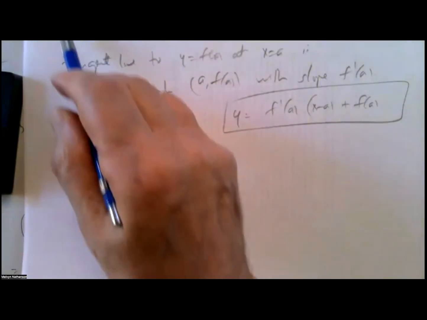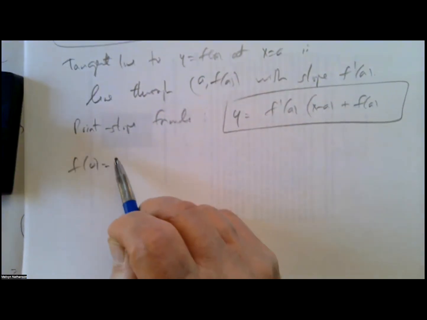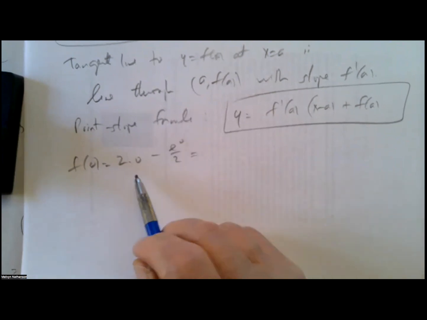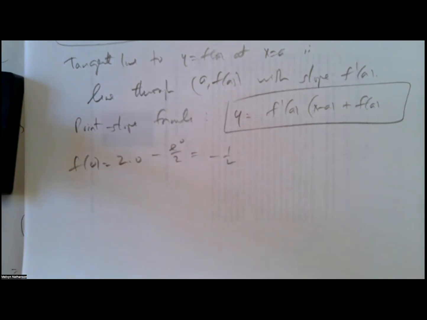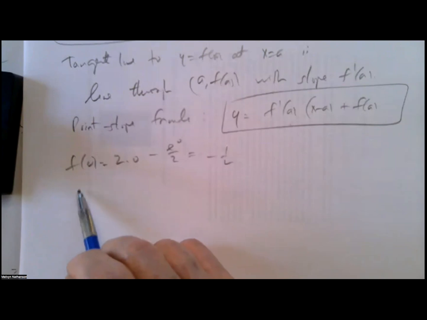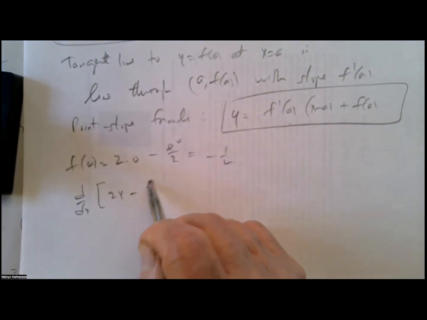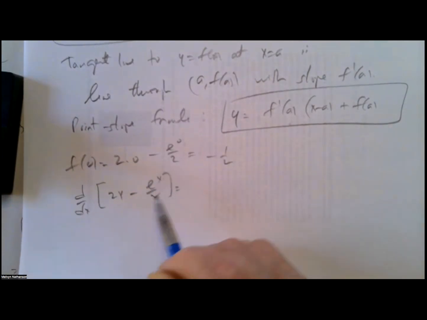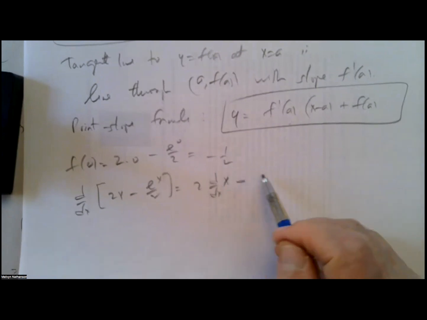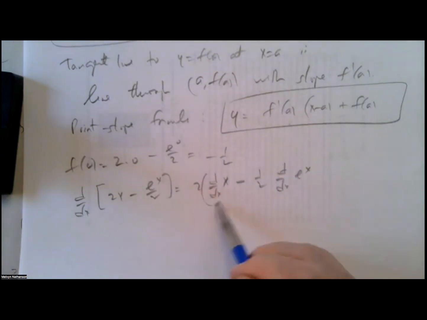So here's our function, f of x. So f of 0, we already calculated, 2 times 0 minus e to the 0 over 2, which is minus a half. But we need the derivative. So the derivative with respect to x of 2x minus e to the x over 2 is 2 times the derivative of x minus a half the derivative of e to the x.